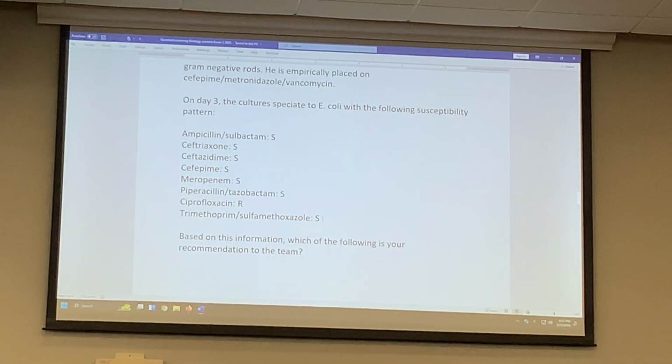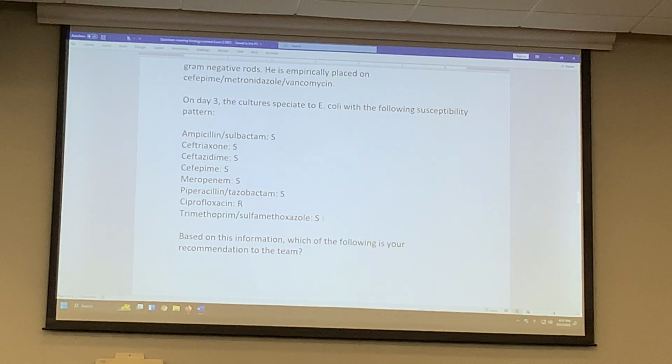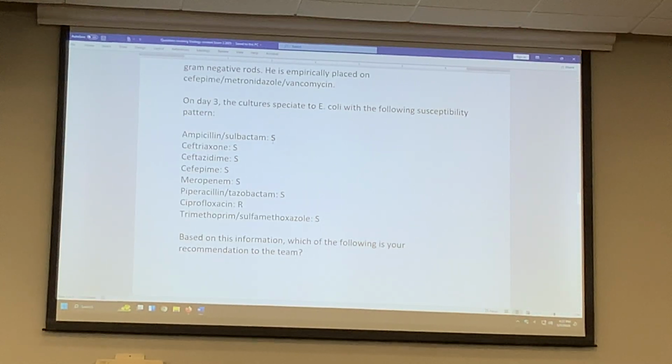What about Bactrim? Would that be an option in this patient or not? No, why not? Sulfur allergy, great, okay. So all of these are out. Now what about ampicillin sulbactam?